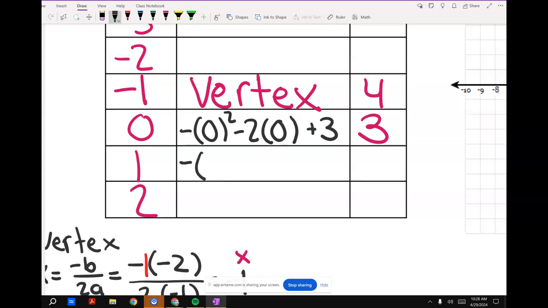Let's do the same thing with 1 now. -1 squared minus 2 times 1 plus 3. So this would be 1, and then a negative. So we have -1 minus 2, so that's -3. So -3 plus 3, that's 0.